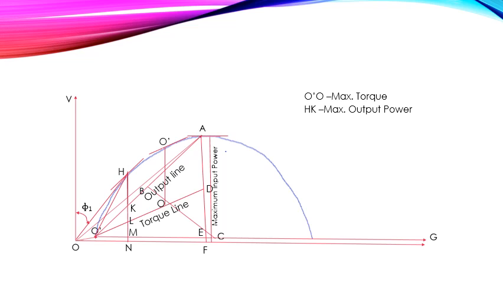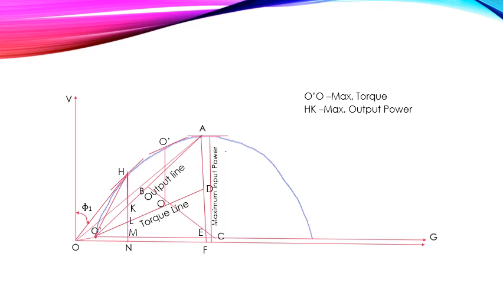Then to get the maximum input power, drop a perpendicular from point A. And how to get the point A? Draw a line parallel to the O dash D or OF, then that will be tangent to the semicircle, right?